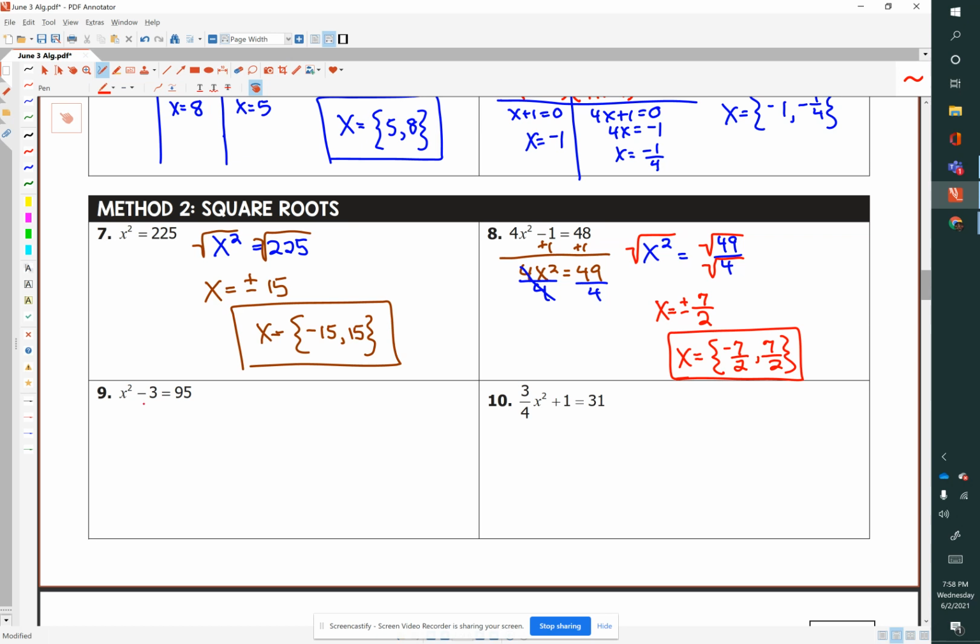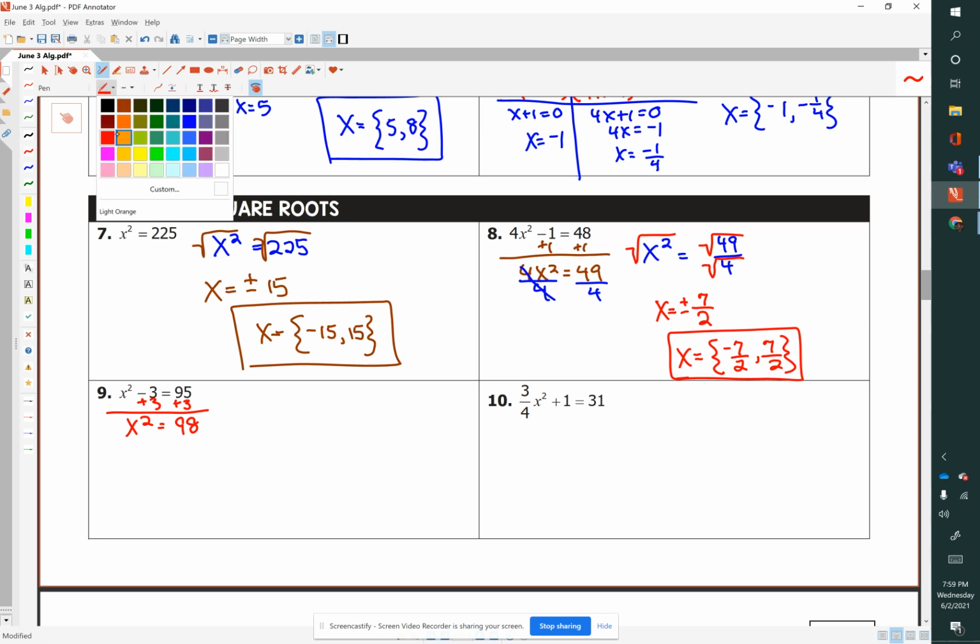So in the next problem, we'll add 3 to each side. And when we do that, our right side will equal 98. Our left side will be x squared. And when we take the square root of both sides, let's change the color to do this.